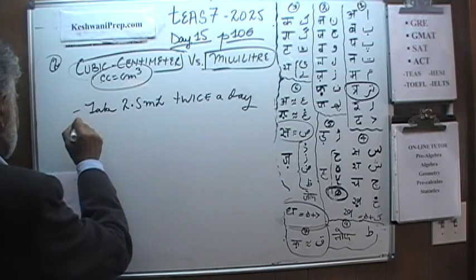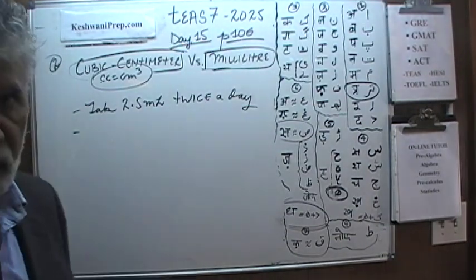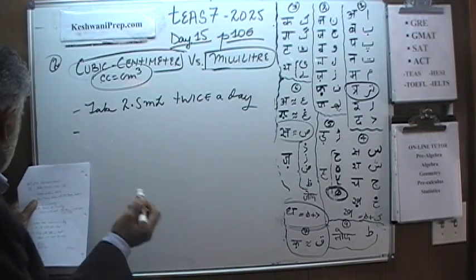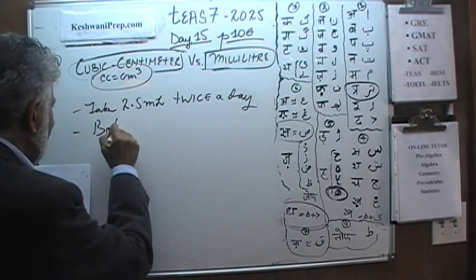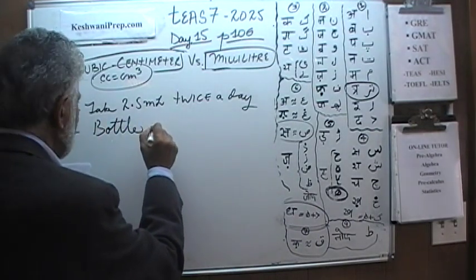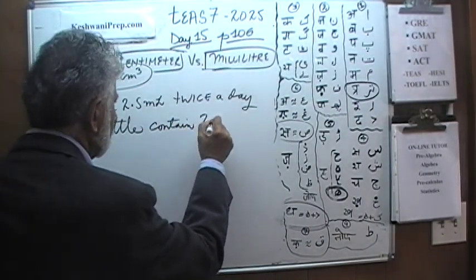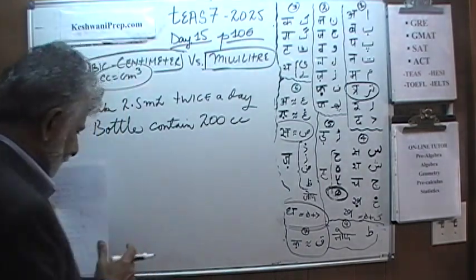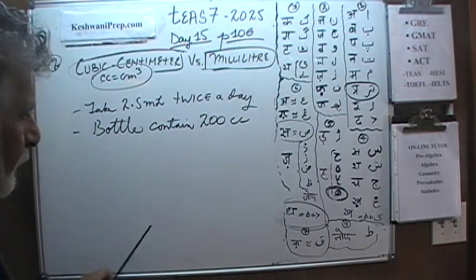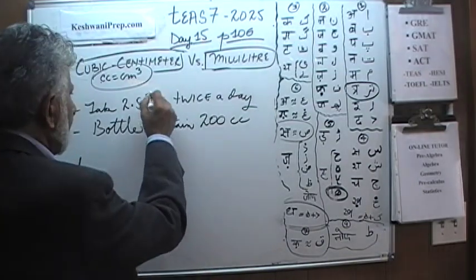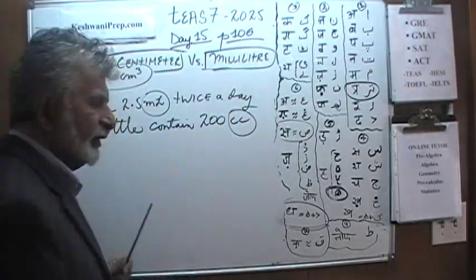We took the prescription to the pharmacy, and when we opened the bag, inside we found a bottle that contains 200 cc. On the bottle it says 200 cc. What the bloody hell? My doctor told me to take ml and this thing says cc. What am I supposed to do?